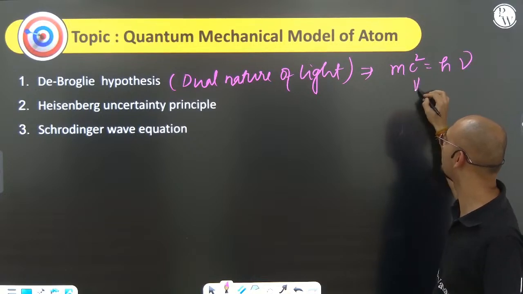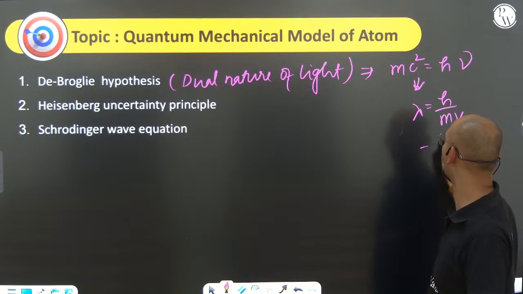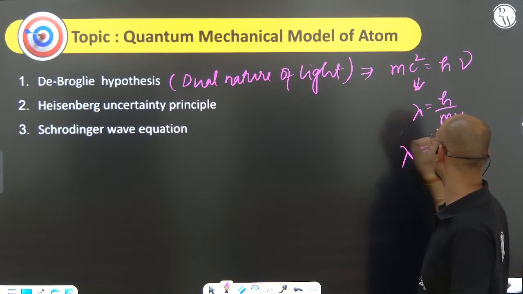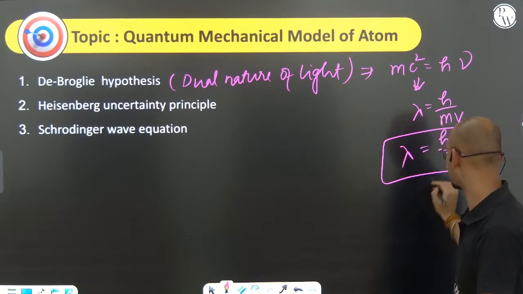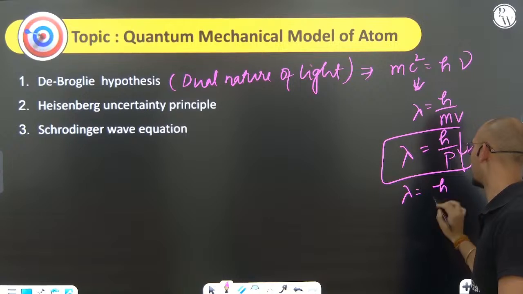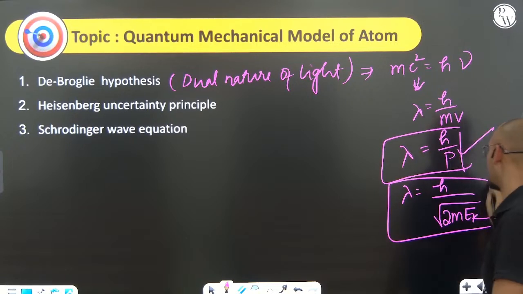The final formula we get is lambda equals h by m into v, or h by p. So lambda equals h by p. This is the formula from the de Broglie hypothesis. But p can also be written so that lambda equals h by root of 2m Ek, where Ek is the kinetic energy.